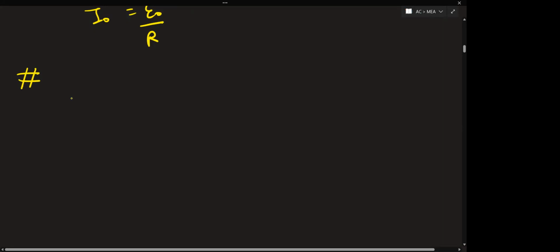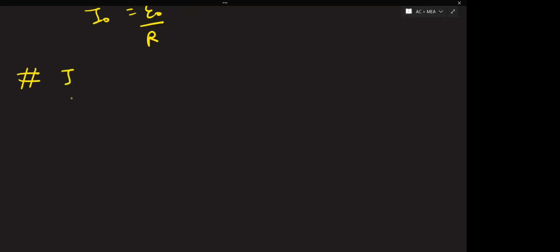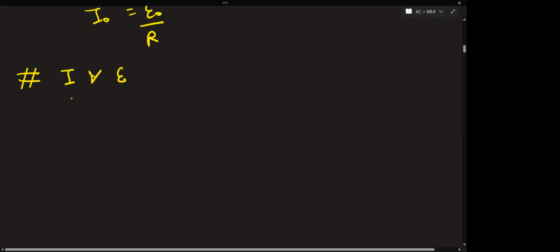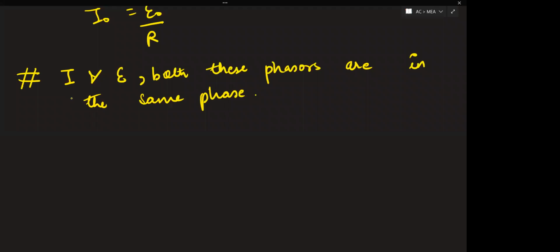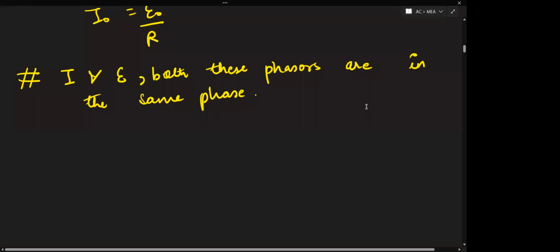You have to remember that for a purely resistive circuit, current and EMF, both the phasors, are in the same phase. There is no phase difference between them in case of a resistor. What is meant by this? Neither current is leading nor EMF is leading. Both of them have the same phase.